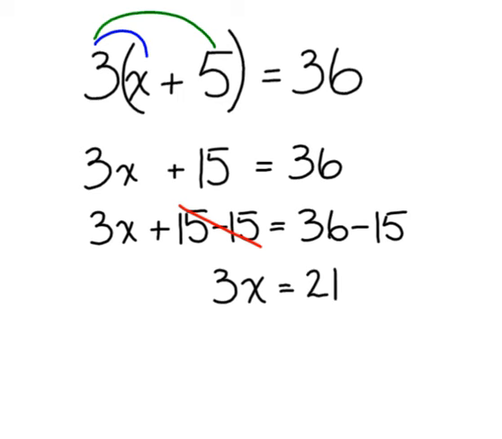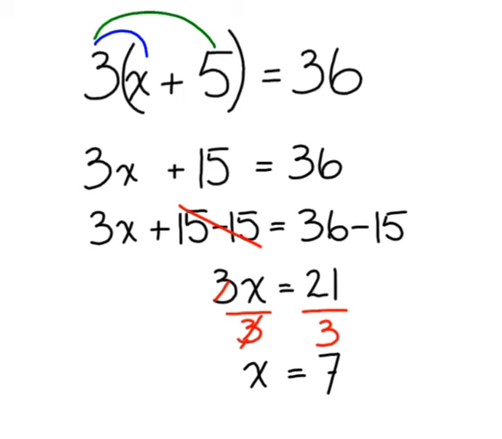Pardon me, I was looking at the top of the equation instead of the bottom. Now we want to get the x all by itself, so the best way is to divide each side by 3. The 3x divided by 3 leaves x, and x is going to equal 7. That's just one way to solve using the distributive property.